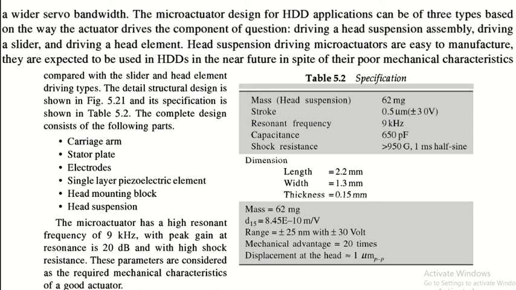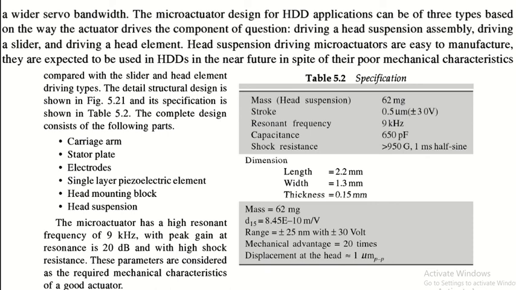The mass of the head suspension is 62 mg, stroke is 0.5 micrometer. You can see how small a deflection we are achieving because it's a MEMS component. Resonance frequency is 9 kilohertz. Capacitance is 650 picofarad. Shock resistance is greater than 950 G. Dimensions are given as length, width and thickness 2.2 mm, 1.3 mm and 0.15 mm respectively. So how small is the component!